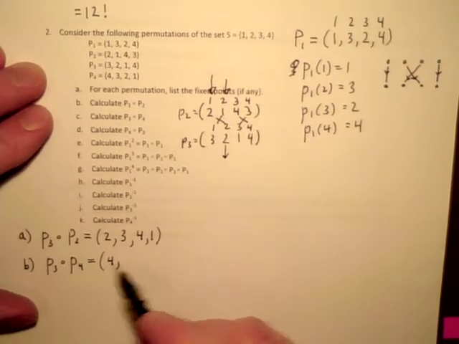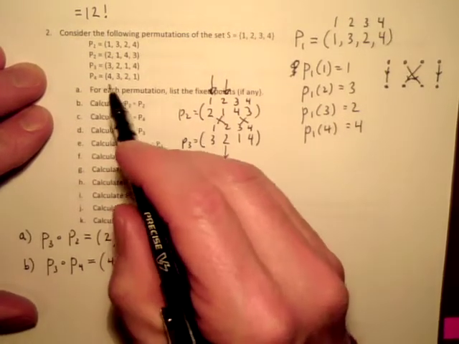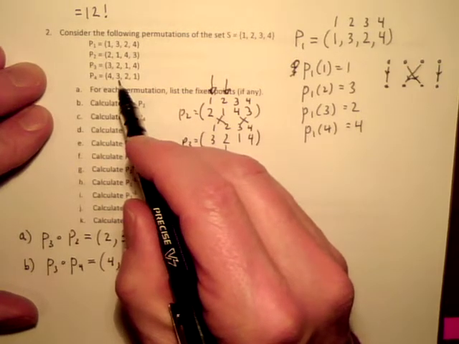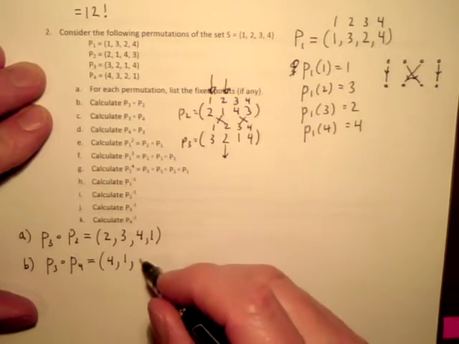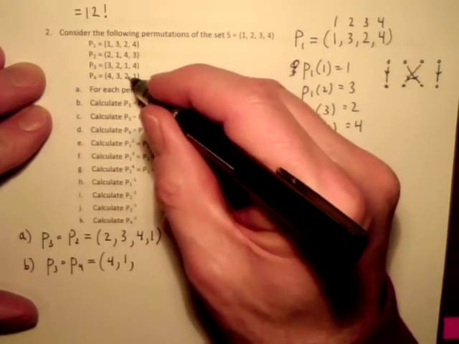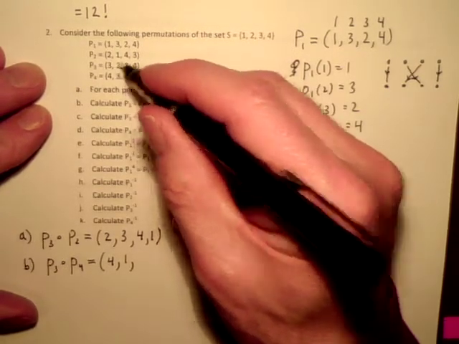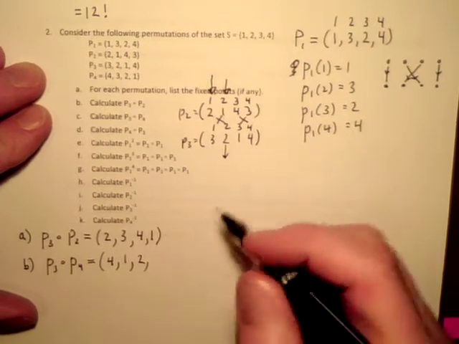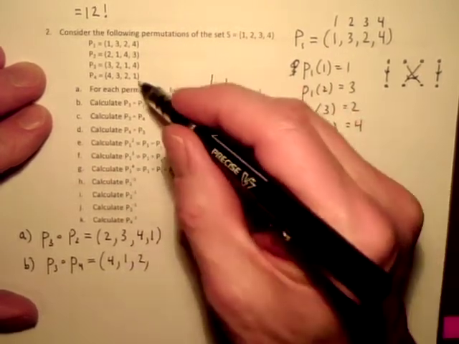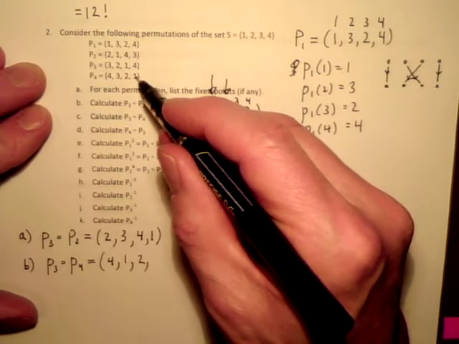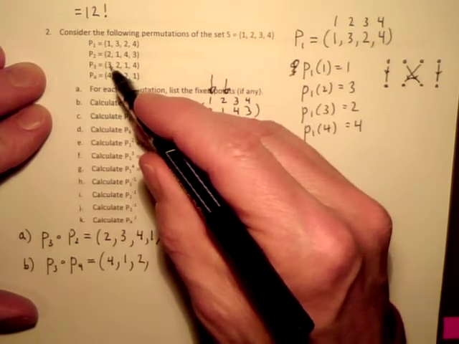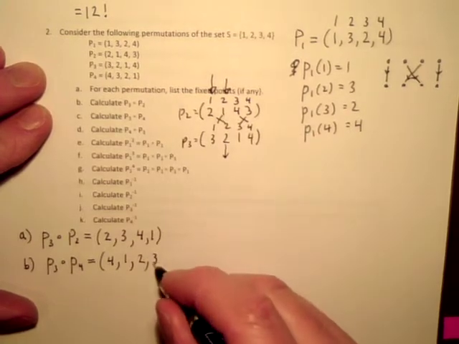Now, where does P4 map number 2? P4 maps 2 to 3, and P3 maps 3 to 1. 3 is mapped to 2 by P4, and then 2 is mapped to 2 by P3. And finally, 4 is mapped to 1 by P4, and then 1 is mapped to 3 by P3.